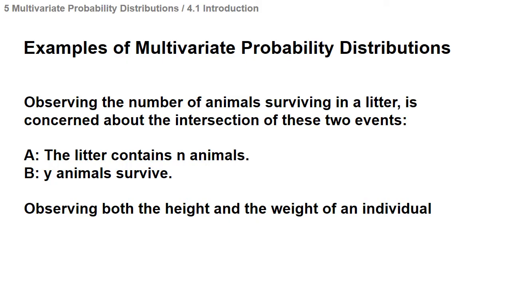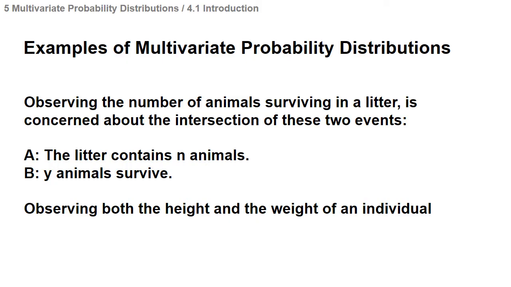The first example of a multivariate probability distribution is observing the number of animals surviving in a litter, which is concerned with the intersection of two events. The first event A is the litter contains n animals, and the event B is y animals survive.